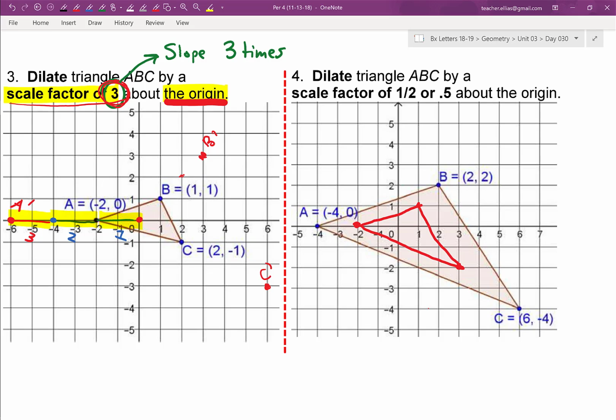You're not going to double. They'll be parallel.